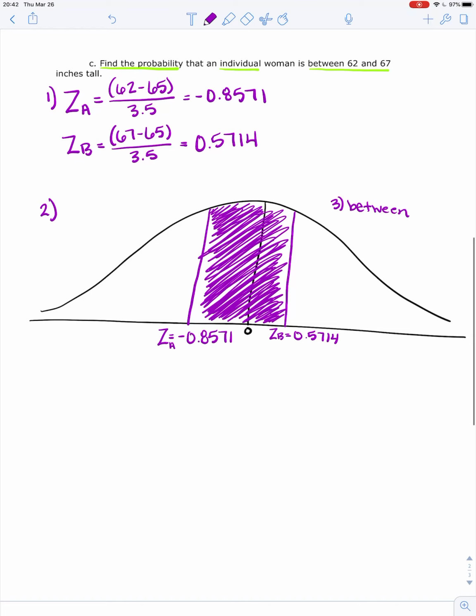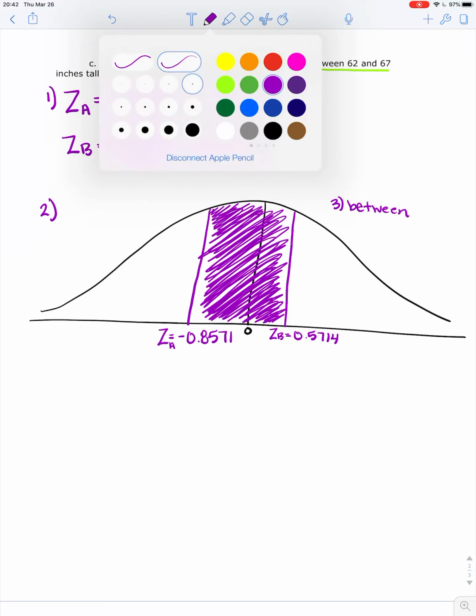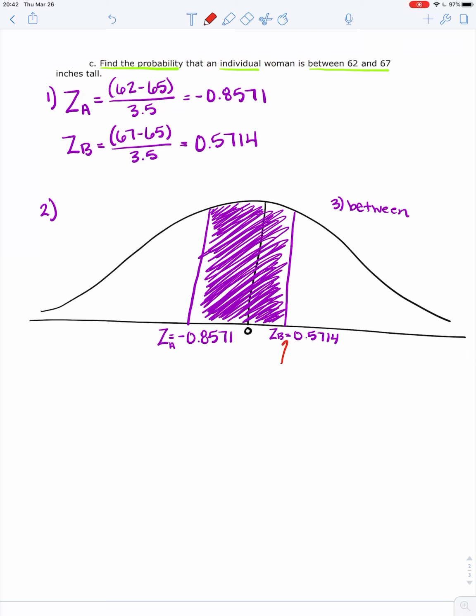So now when we go into Excel, again, Excel is going to assume that I want the area less than the z-score that I give it. So if I plug in this value, Excel is going to give me everything less than it.